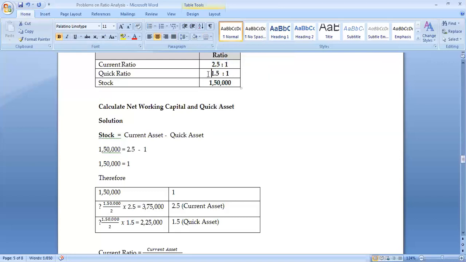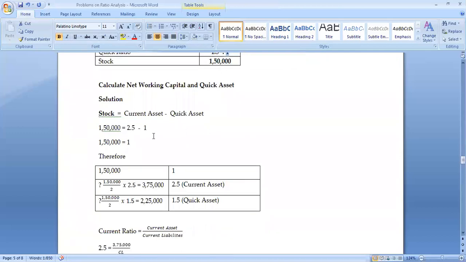And here, quick ratio takes the value 1.5 for the quick assets and 1 for the current liability. See, 1 and 1 remain the same because it is the current liability. Only with these two. This stands for the current assets and this stands for the quick assets. So stock is equal to current assets minus quick assets. 2.5 minus 1.5 is 1. So by that you can find out 1,50,000 is equal to 1.